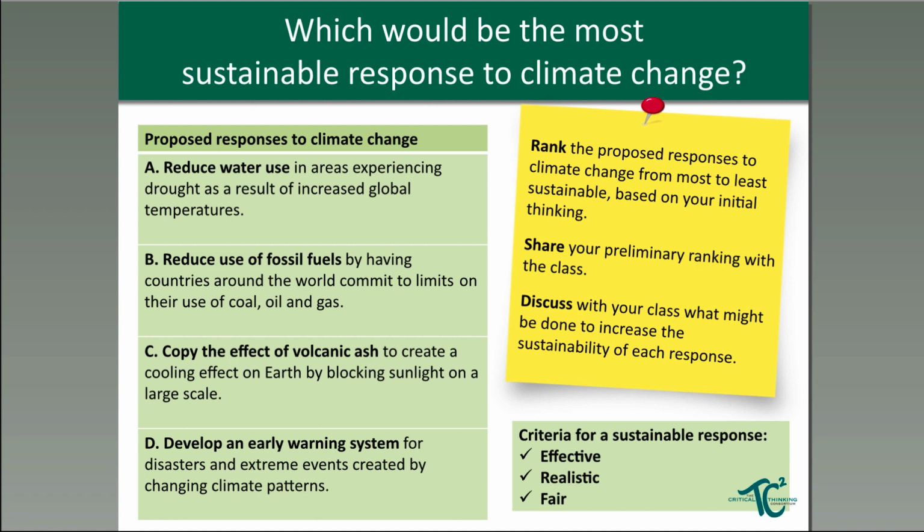Here, we're building out the criteria for a sustainable response, that it's effective, realistic, and fair, and that students are proposing responses to climate change, looking at these different responses, ranking them based on their preliminary thinking, then providing additional background information on each of these, and then having students use supporting evidence to determine whether they would change their rankings. So you see how the thinking is woven throughout.